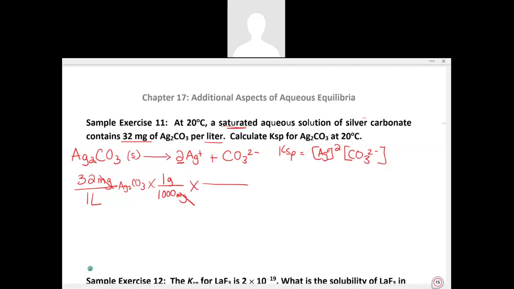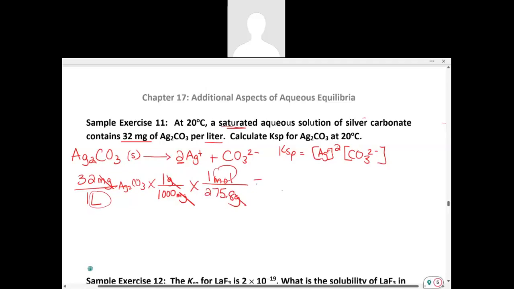I will show you in a moment why I did this. So now I have grams per liter, and then if I use my molar mass, 1 mole has a molar mass of 275.8 grams. Now these grams will cancel, and I'm going to end up with a unit of mole per liter.